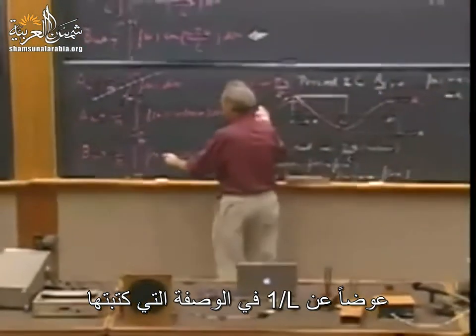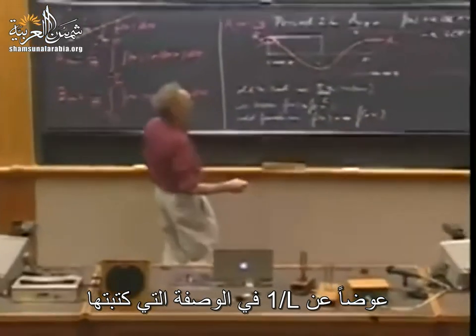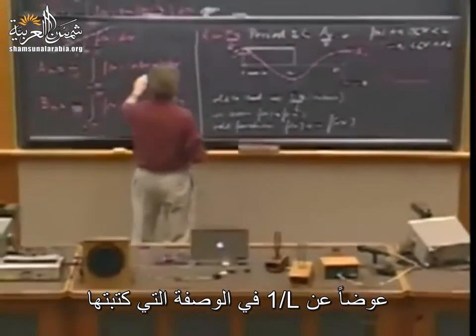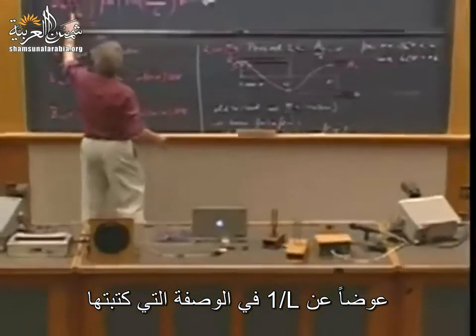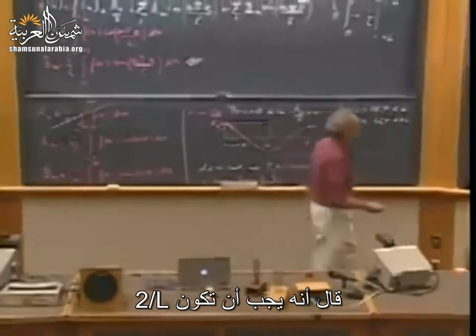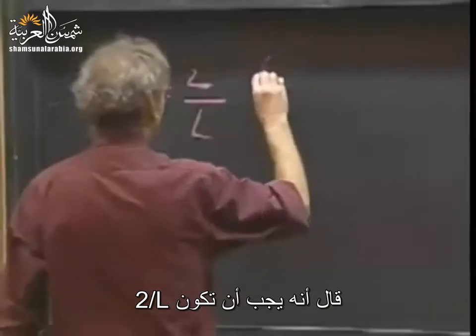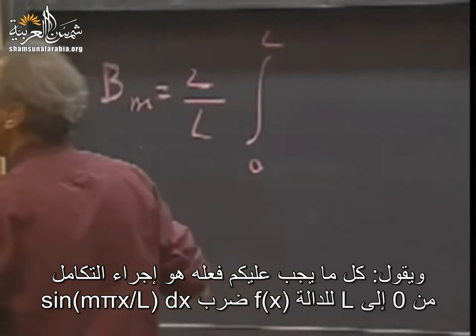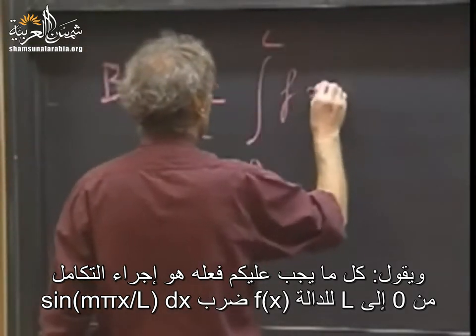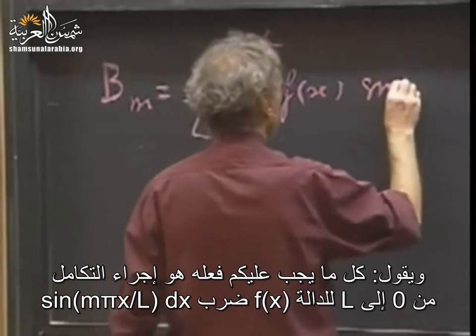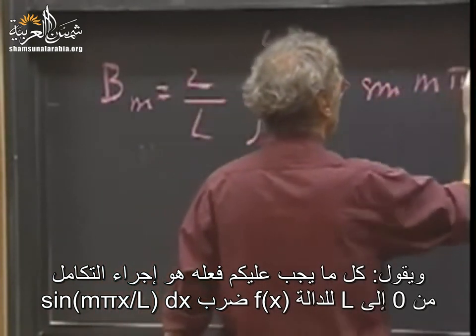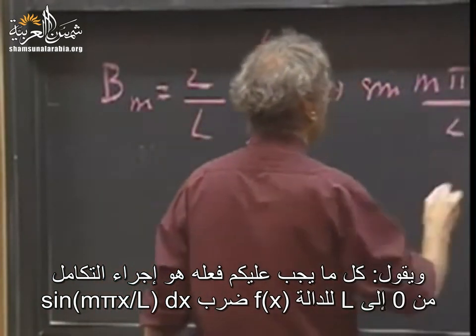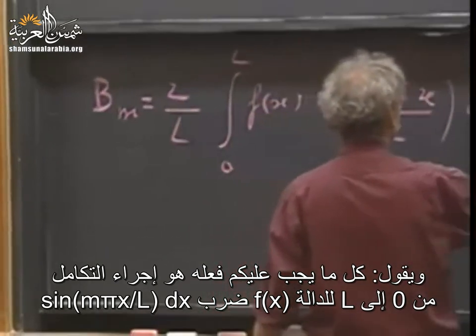So instead of having 1 divided by L, he says, no, you should really do 2 divided by L. But then he says, all you have to do is now integrate between 0 and L of the function of x times the sine of m pi x divided by L times dx.